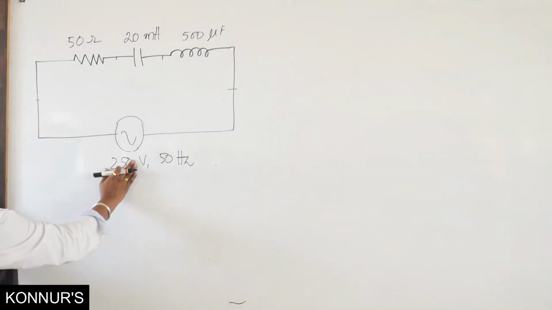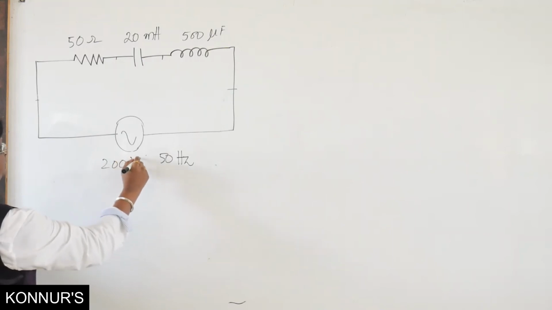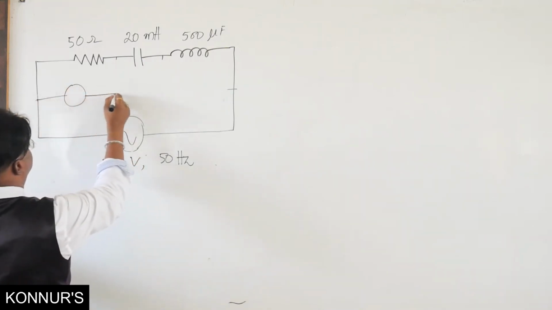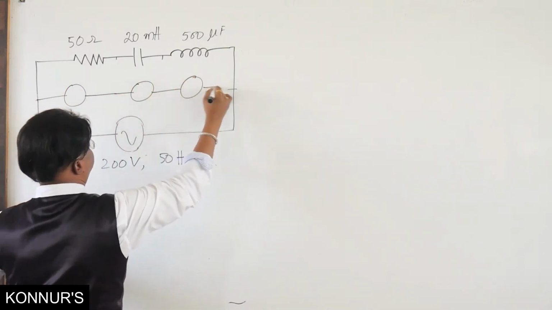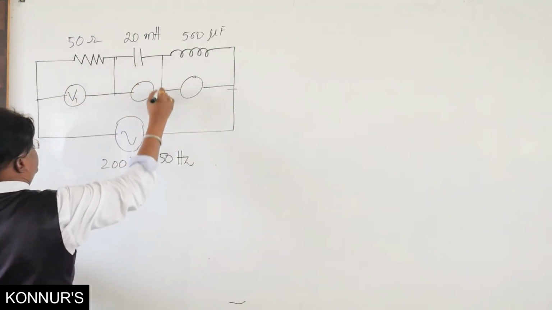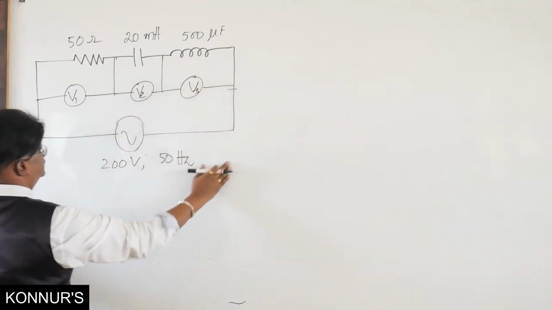Supposing this is, I said some good numbers, let it be easy. Suppose I make it as 200 ohms, 50 Hz. Now here it says 3 voltmeters are connected, each across the resistor V1, across the capacitor V2, and across the inductor, this is V3.